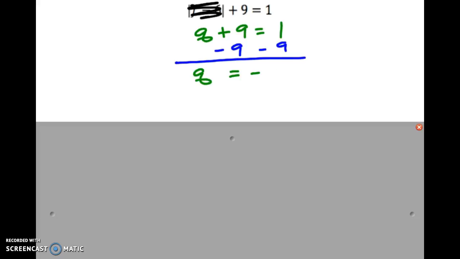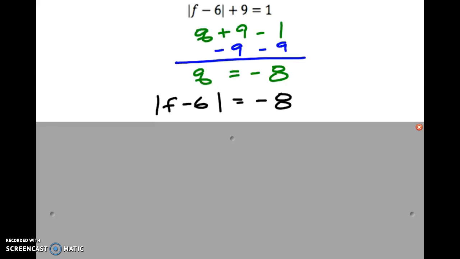So if q equals negative 8, and 9 again. So that means that the q is replacing the f minus 6. That would be equal to the negative 8.